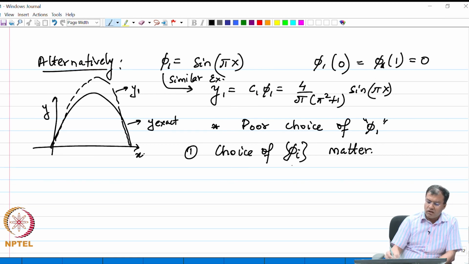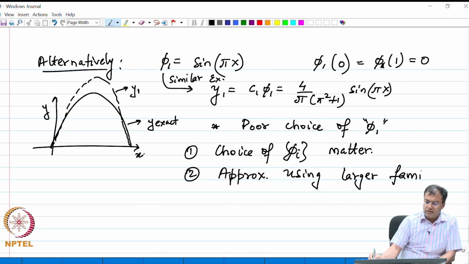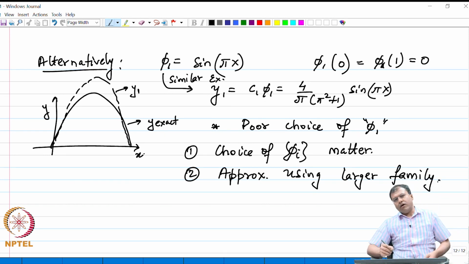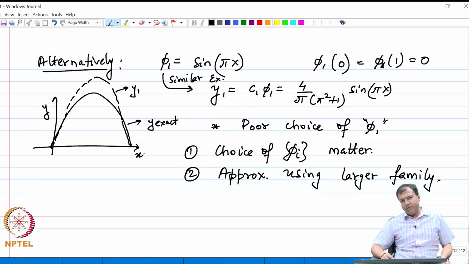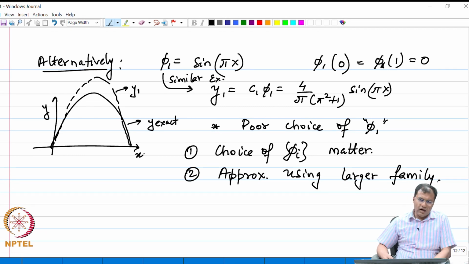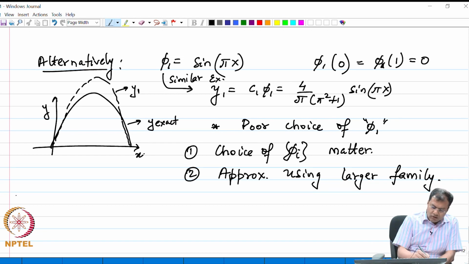First of all, the choice of phi i's matters, and also the approximation becomes better using larger families of phi i's. This advice is irrespective of the method, whether we use Euler, the Ritz method, or another method that we are going to describe shortly. So use larger and larger families to get a better approximation. Okay. So let us look at an example.